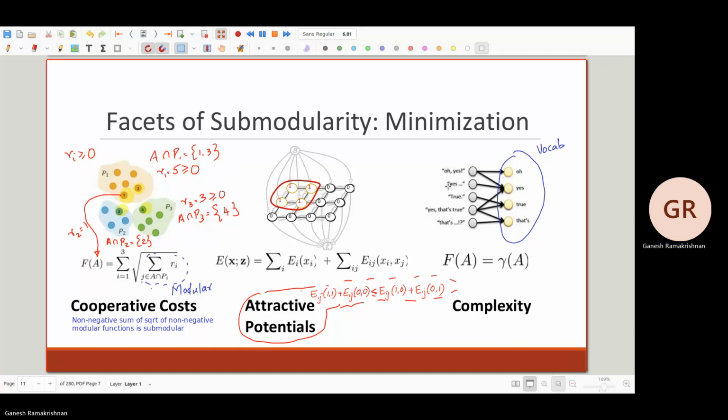So you're trying to cover the actually seen set of words through a compact vocab. So there's again a complexity. So you can have gamma of A, or square root of gamma of A. And so these are all submodular functions. These all three are submodular functions, but these are functions that you would like to minimize in general from a minimization perspective.